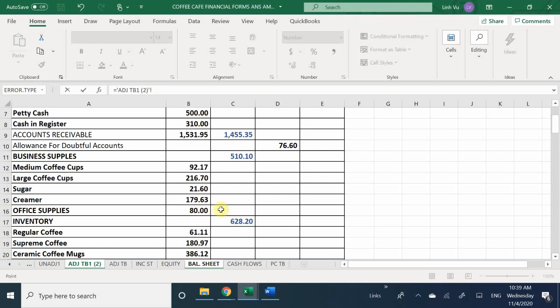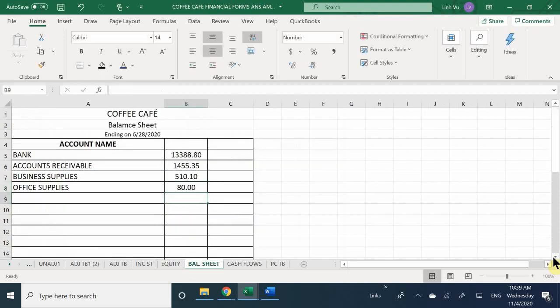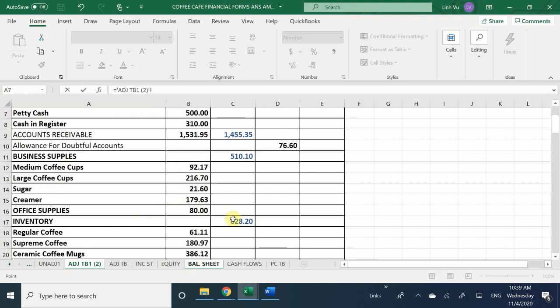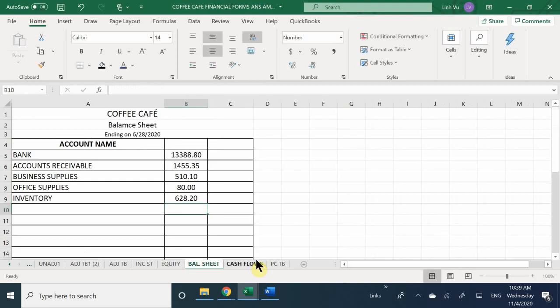Oh, I guess I didn't place it in here, but I'll go ahead and take it there. So 80 for office supplies, okay? What about my inventory? It is for the 628.20. Good.